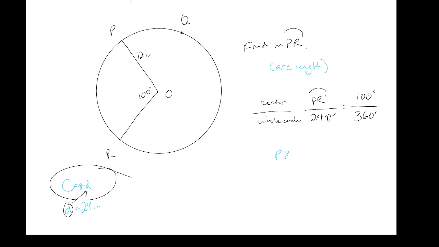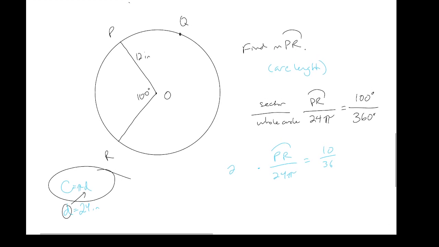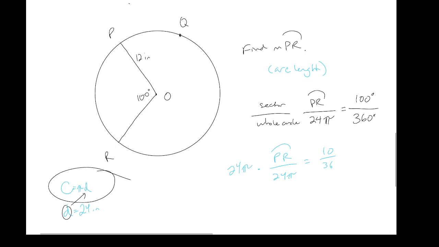So we have arc PR to 24 pi is equal to, and then over here, it's 100 to 360, so it's going to say 10 to 36, right? So I'm going to multiply by 24 pi. Some of you guys are like, whoa, what'd you get from 10 to 36? Well, I just reduced as I went along because I'm going to try to do that as much as I can before I start throwing stuff into calculators.